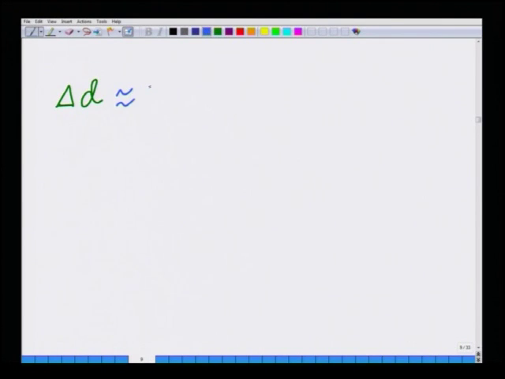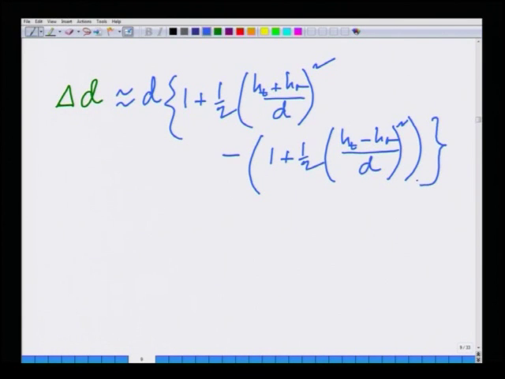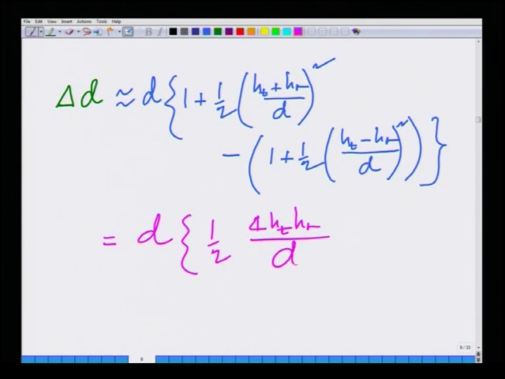Hence, delta d is approximately d into [1 plus half ((ht plus hr) by d) whole square, minus 1 plus half ((ht minus hr) by d) whole square], which is essentially equal to d times, if I simplify this, the ones cancel, a half of [(ht plus hr) whole square minus (ht minus hr) whole square], which is essentially 4 ht hr by d square, which is equal to 2 ht hr by d.